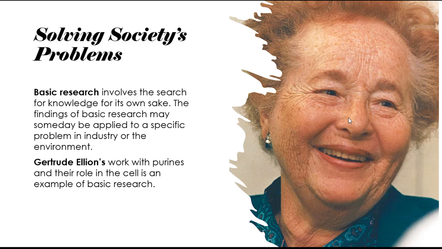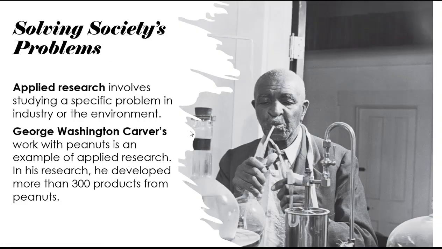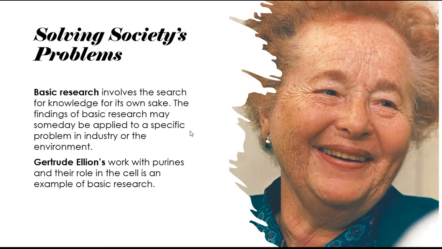We can also use research or science to help us build foundational basic research knowledge. Basic research involves the search for knowledge for its own sake. The findings of basic research may someday be applied to a specific problem in industry and environment, such as what George Washington Carver did.